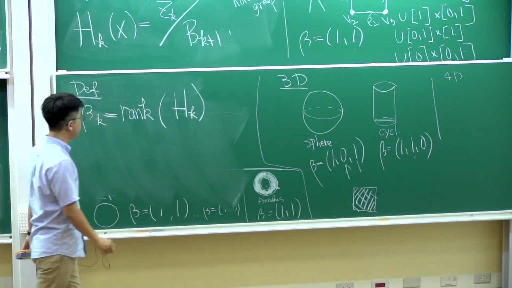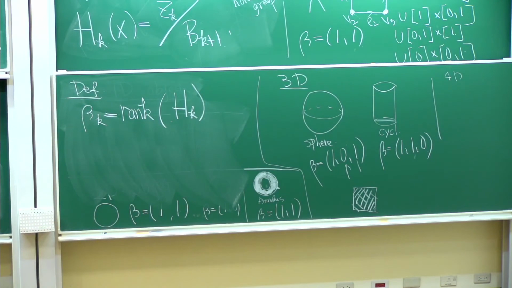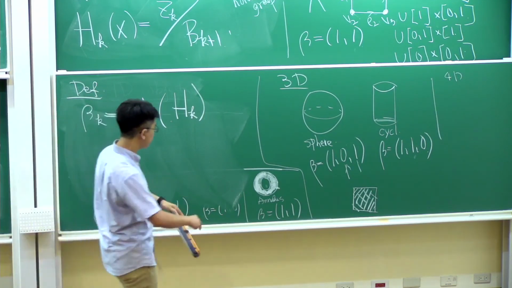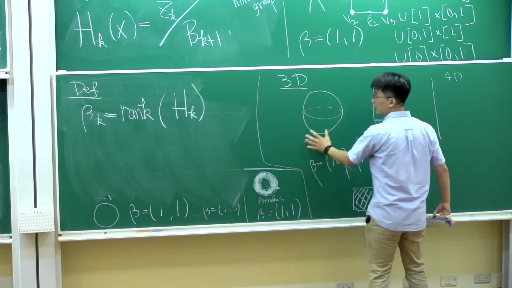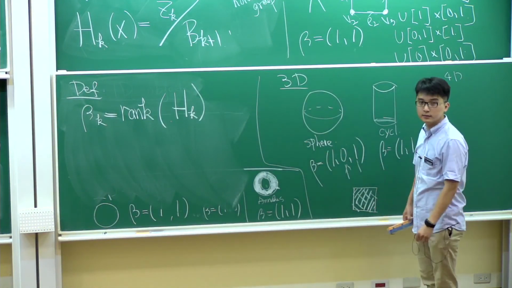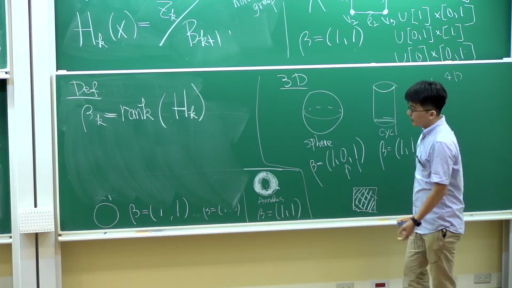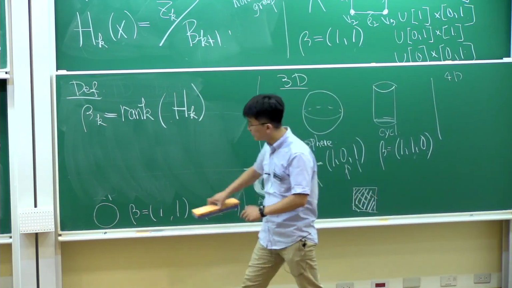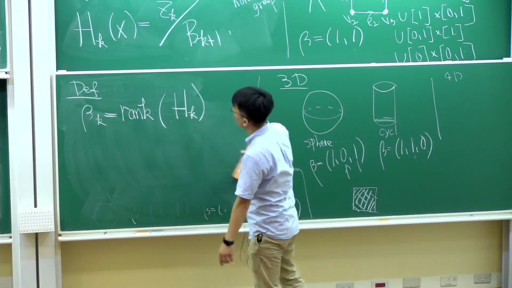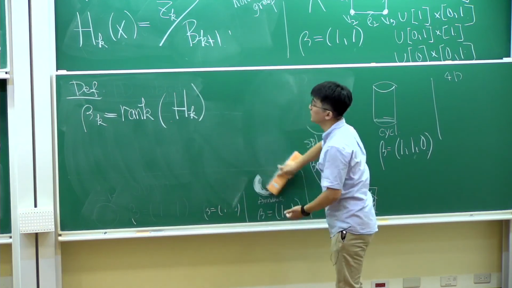So after 1 hour, we rigorously define the Betti number. This is how this intuitive thing goes into the math. So the Betti number counts the k-dimensional holes, and it is defined through the homology group.